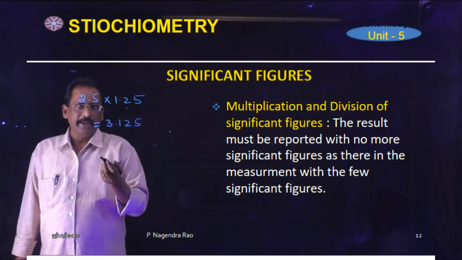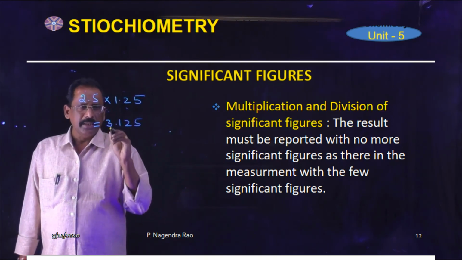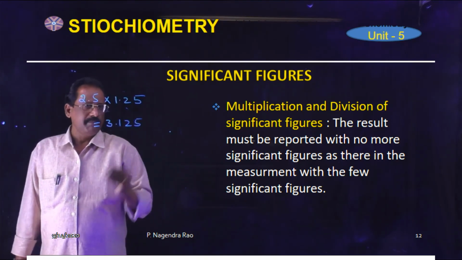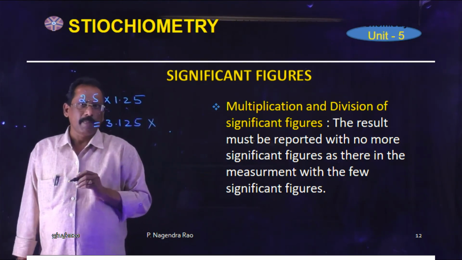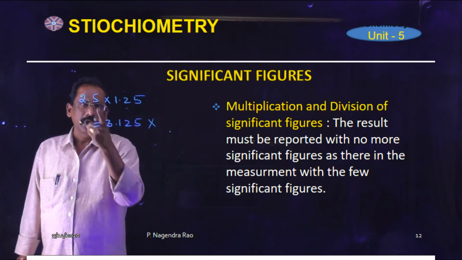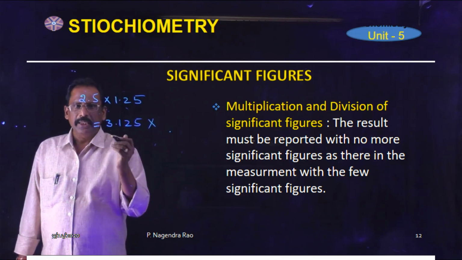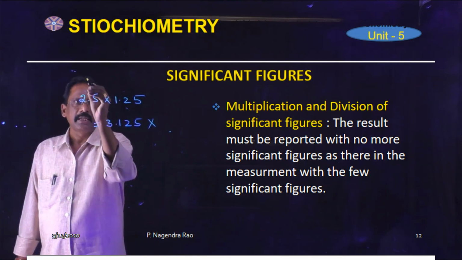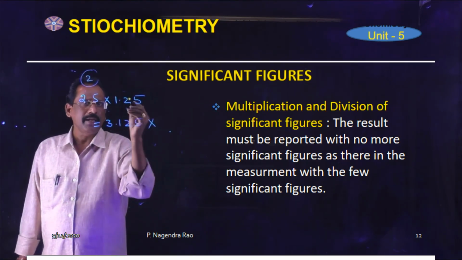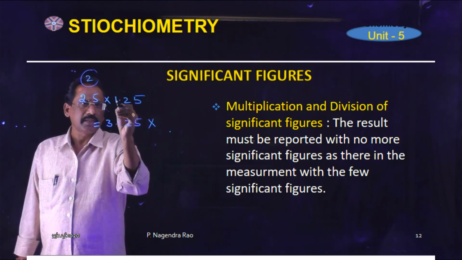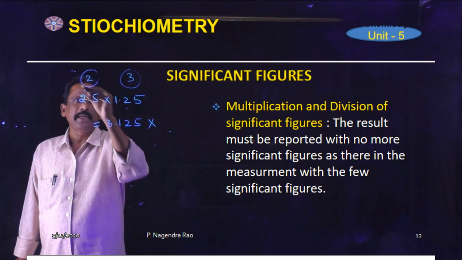If you multiply 2.5 with 1.25, the answer is 3.125. But this is not your final answer, because in these two values, in the first value 2.5, the number of significant figures is equal to 2. In the second value, the number of significant figures is 1 plus 1 plus 1, 3. So your answer should be like this.